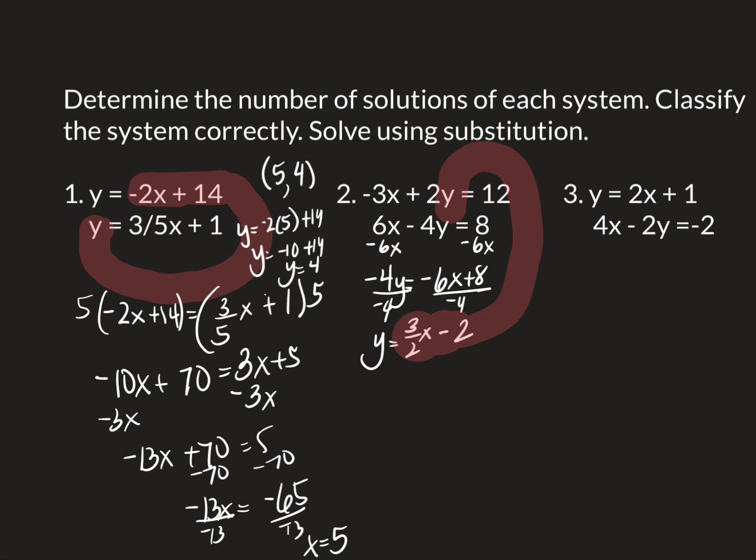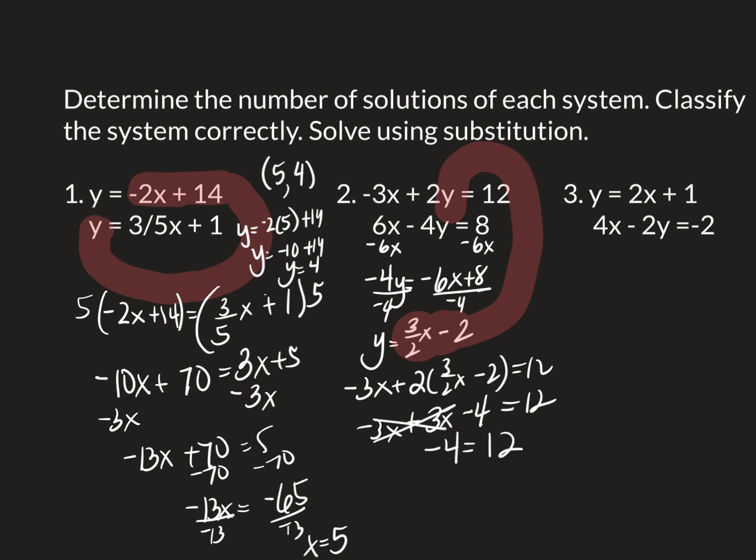So I'm going to put it into the y. Negative 3x plus 2 times 3/2 x minus 2 equals 12. Negative 3x plus 3x minus 4 equals 12. This becomes 0. So I have negative 4 equals 12.